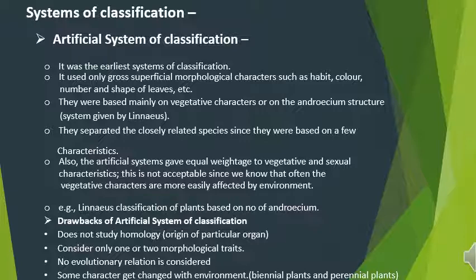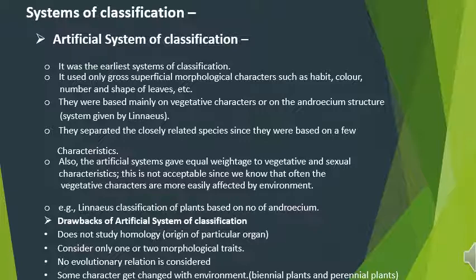So the artificial system is based mainly on the vegetative characters or on the androecium structure, as suggested by Linnaeus. They separated closely related species since they were based on few characteristics, and the artificial system gave equal weightage to the vegetative as well as sexual characteristics, but this is not acceptable since we know that vegetative characteristics are easily affected by the environment.